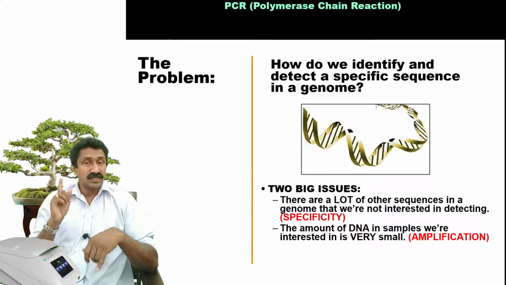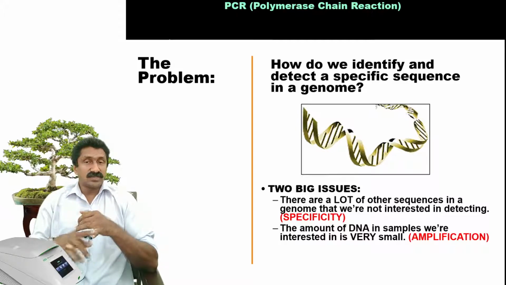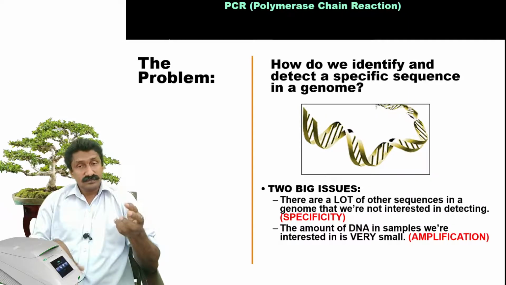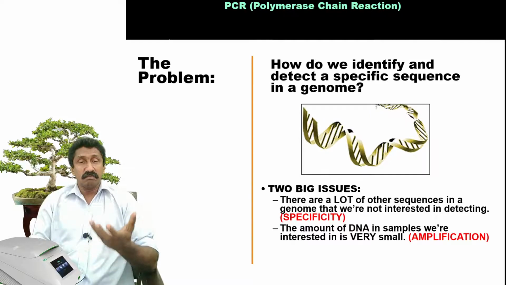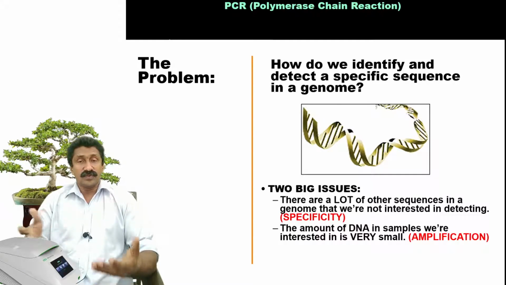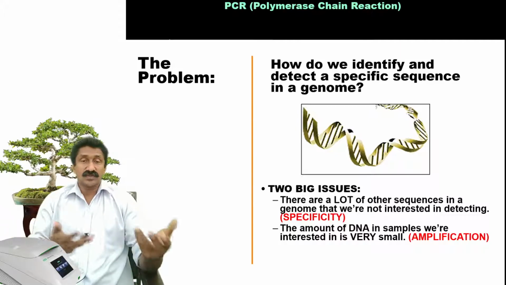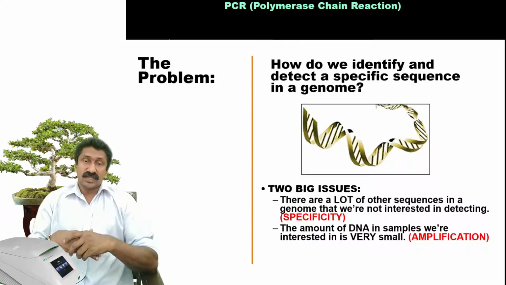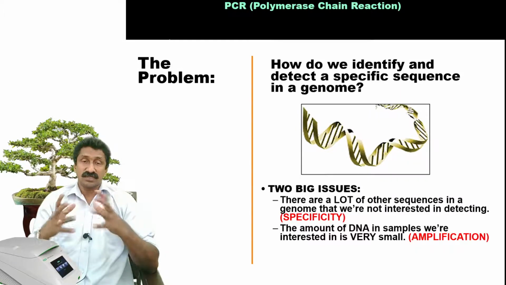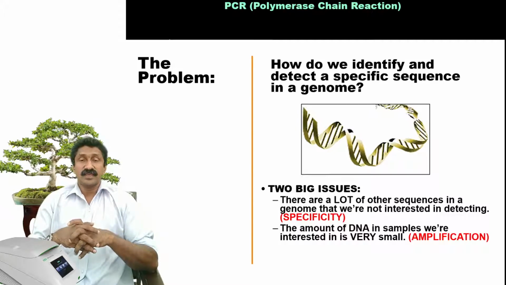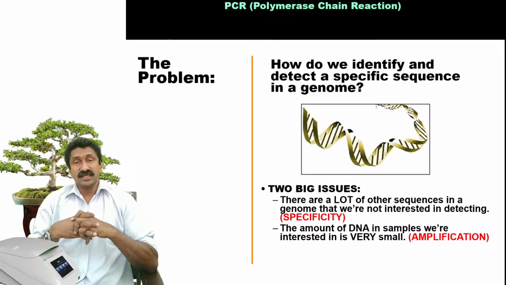So we have two problems: specifically identifying the particular sequence in a large quantity of the genome, and another one, the overall quantity of the DNA may be much smaller if you are isolating the DNA from a few cells or a few hundred cells. So that may not be sufficient for you to visually identify, or using some other visualization methods, it is not possible to identify such a low quantity of the DNA or a sequence in a genome.